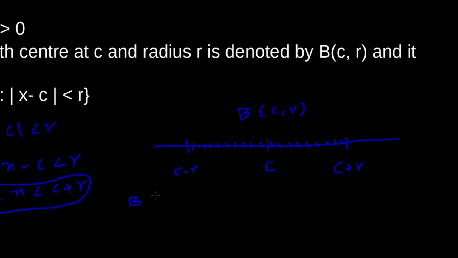So for example, suppose a ball with center 5 and radius 1 by 2. Using the concept of this interval, we can say that this ball represents all the real numbers between C minus R and C plus R. So C minus R means 5 minus 1 by 2, which is 4.5, up to C plus R, which means 5 plus 1 by 2, which is 5.5.